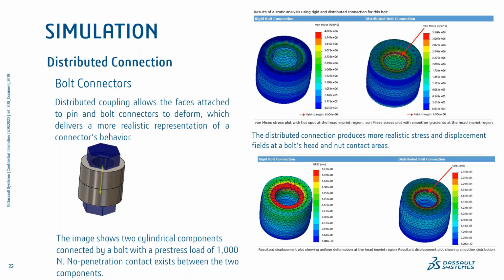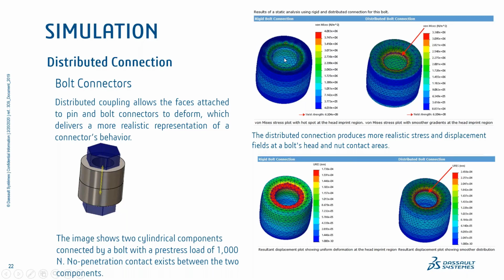We were approached by different customers who requested much more accurate results in the regions where the bolt connectors interact with the different components. What you are seeing here are two cylindrical components connected by a bolt with a pre-stress load of, say, 1000 Newton, and it has a no penetration contact.